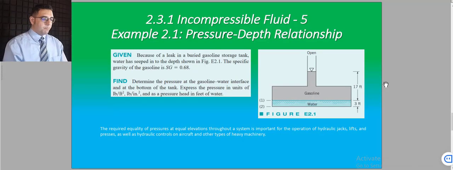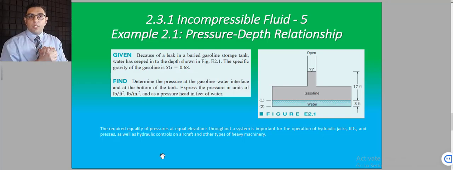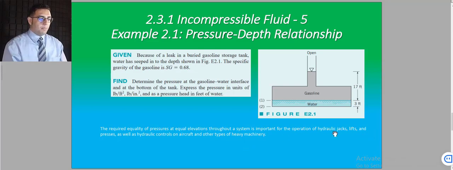Welcome back, guys. There is one more point that I need to look after. You have to look after the equality of pressure at equal elevations for hydraulic jacks, lifts, as well as the hydraulic controls on aircraft or other types of heavy machines.